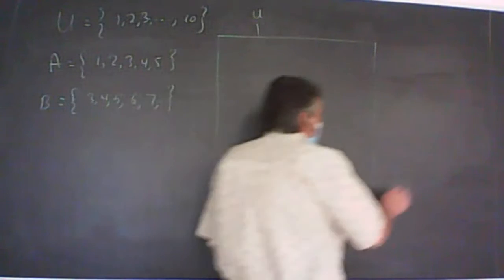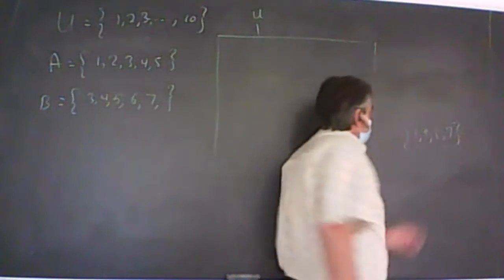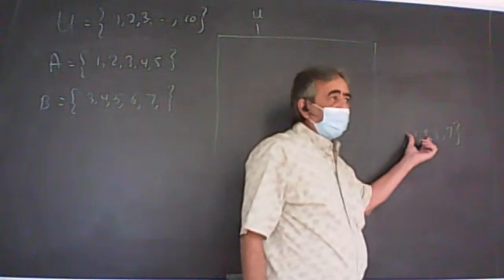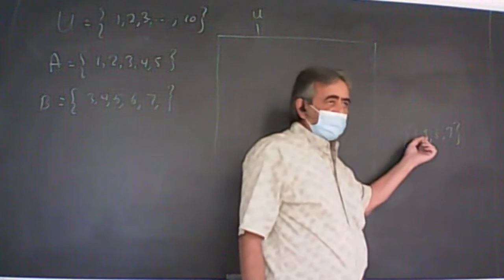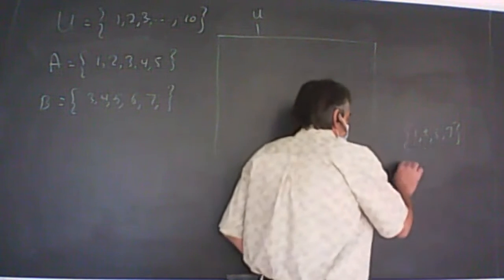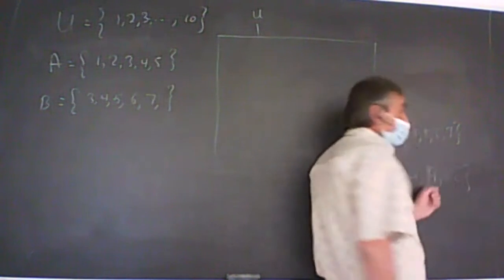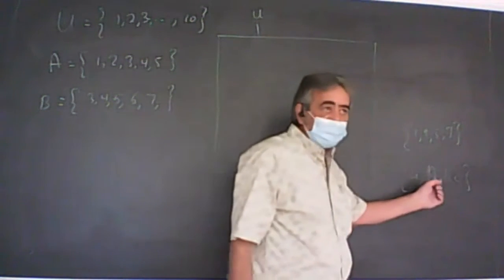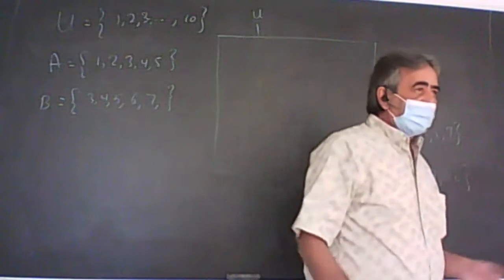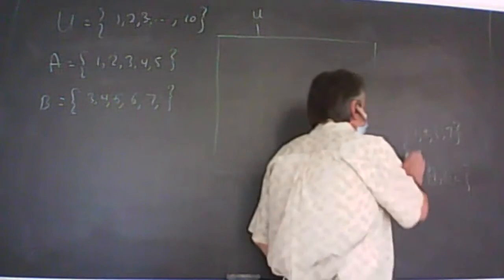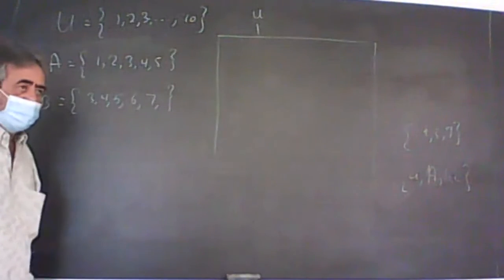So if I take a set and I say my set is 1, 1, 5, 7, that is not good. Why? Because I have a 1 repeated twice. Unless there is a specific difference, then yes. For instance, if I have a, A, B, C, that is okay. Why? Because this is a small a, this is a capital A, there is a difference. But here, 1 and 1, there is no difference. So I consider it as one element. So I take that one away. Okay? So you don't want to repeat your elements within a set.